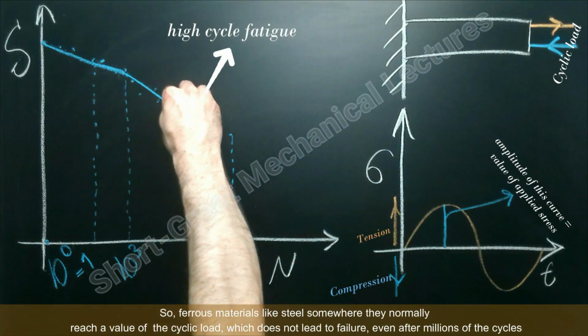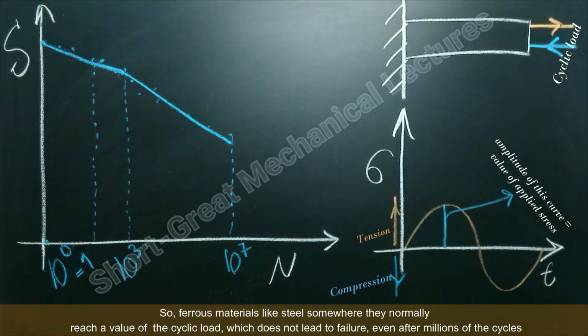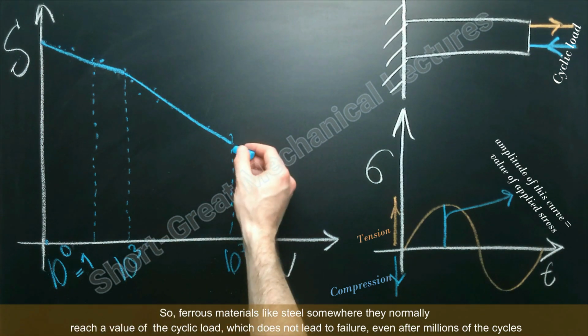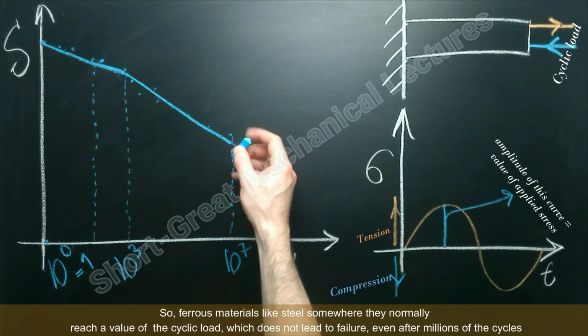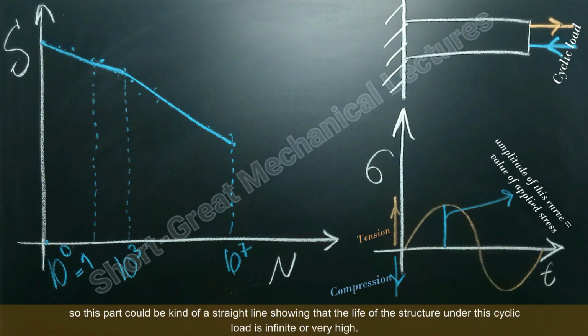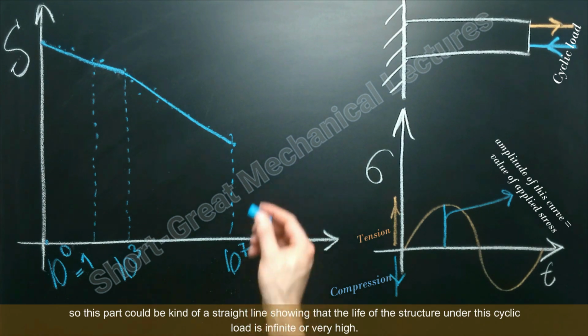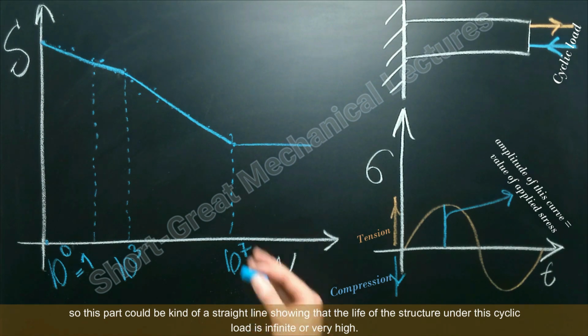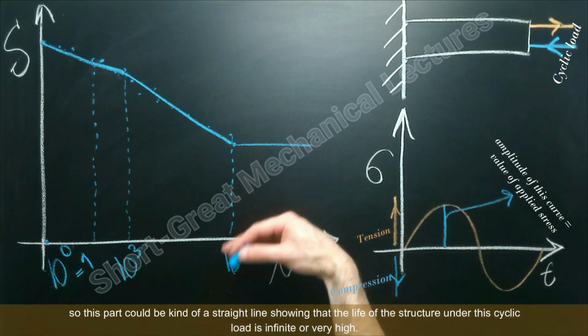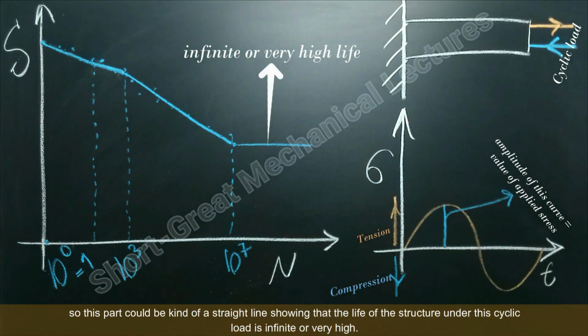Ferrous materials like steel normally reach, somewhere, a value of the cyclic load which does not lead to failure even after millions of cycles. So this part could be a straight line, showing that the life of the structure under this cyclic load is infinite or very high.